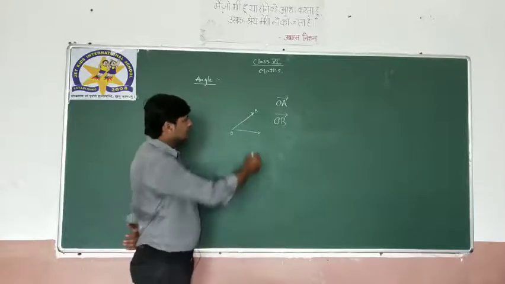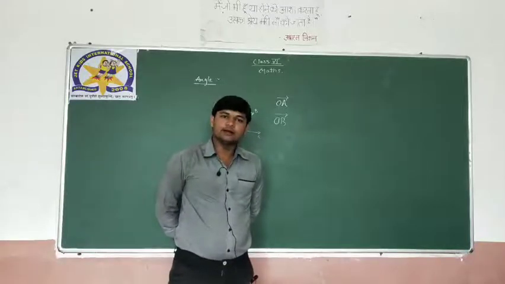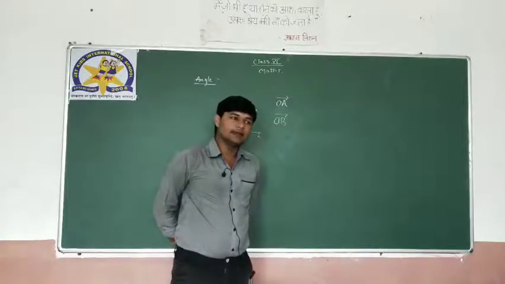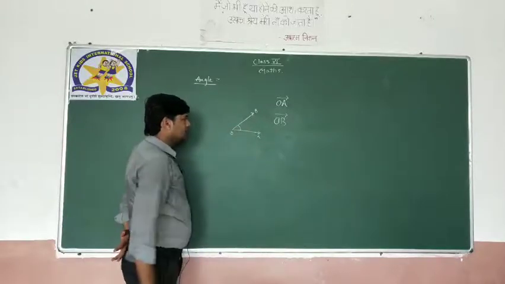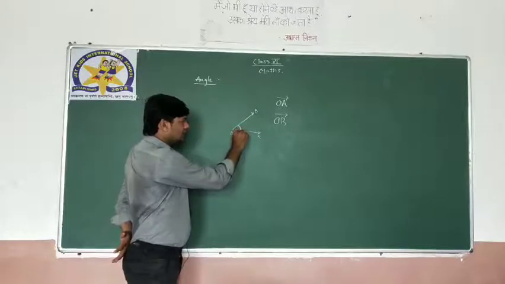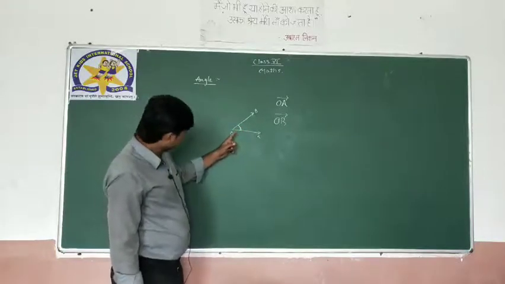So if any two rays are sharing a common point, then it will make an angle. This curve will indicate it is an angle.